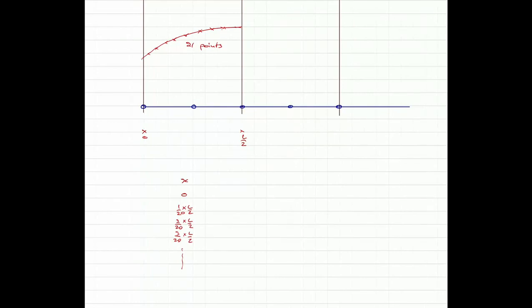You have the phi 1 function multiplied by u1, phi 2 u2, phi 3 u3. u1, u2, u3 are from your finite element solution because you solve the whole system.